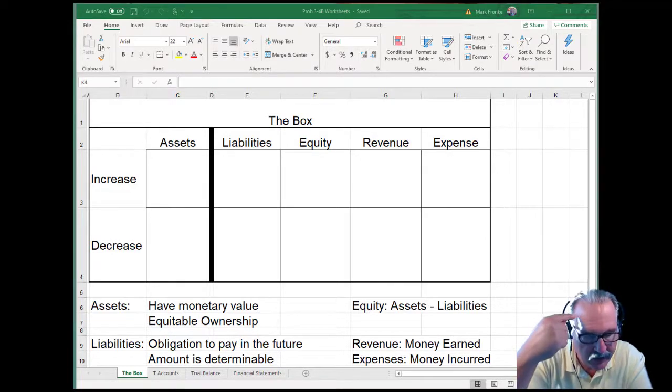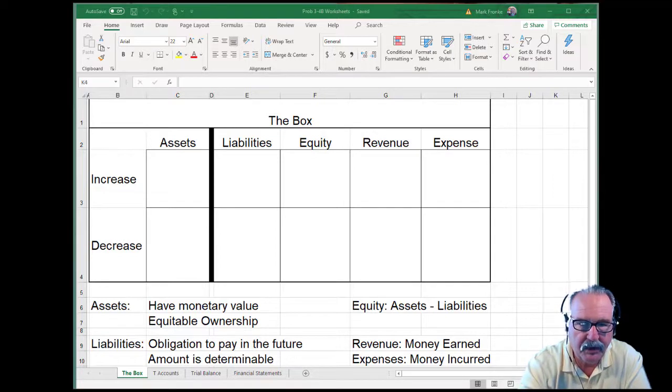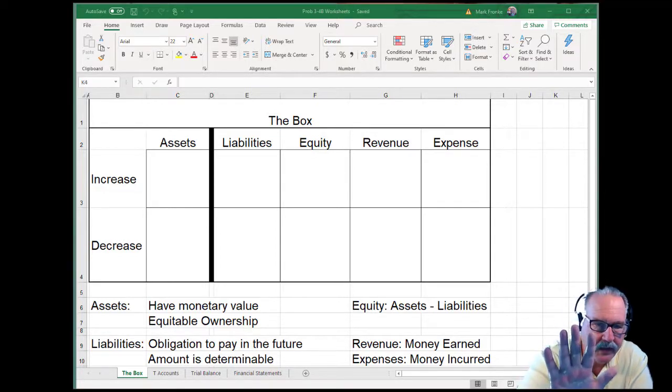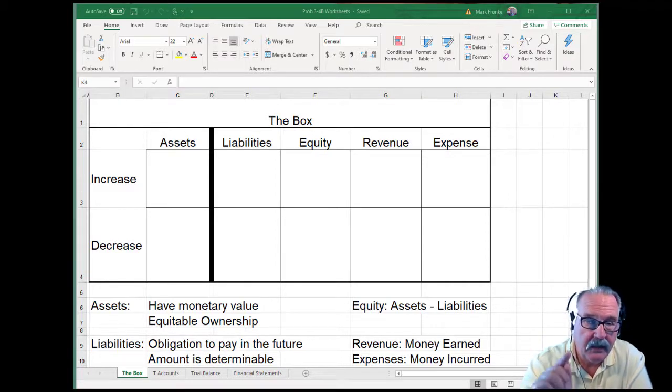I brought it in my head, and then I put it on paper when I got the exam going. But there's 5 things in accounting: assets, liabilities, equity, revenue, and expense. If you think about it this way, assets are debits, expenses are debits. But the main thing you need to think about is assets go up with a debit.